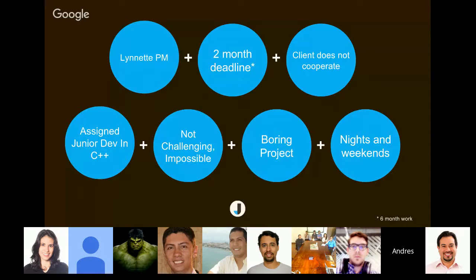So the developers start working on it without the project manager getting involved. The client wants something different from what they told you at the beginning, and the junior dev, or you as a senior person, starts working on your own stuff. You never tell the client that it's impossible to do, and because it's a boring project you don't want to work, and you don't like working nights and weekends, so the first 4 weeks you do nothing.